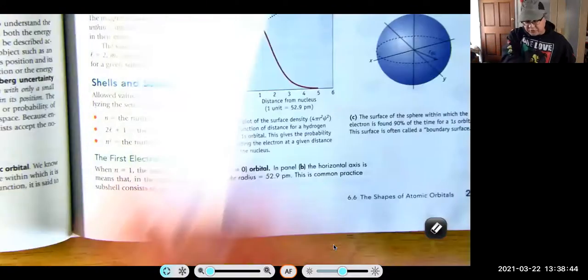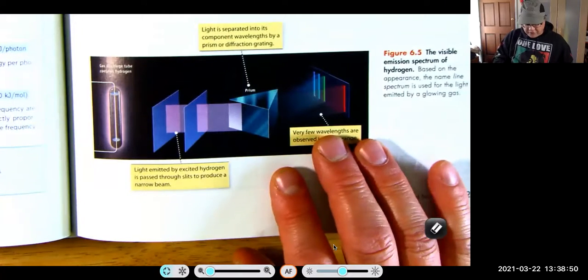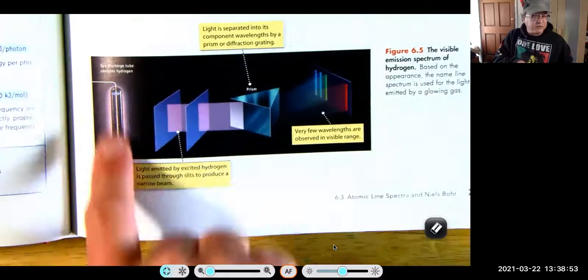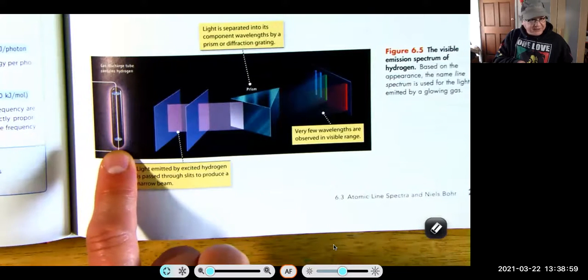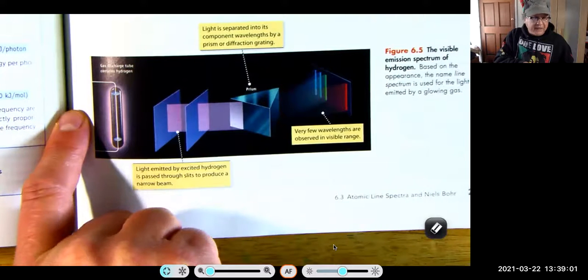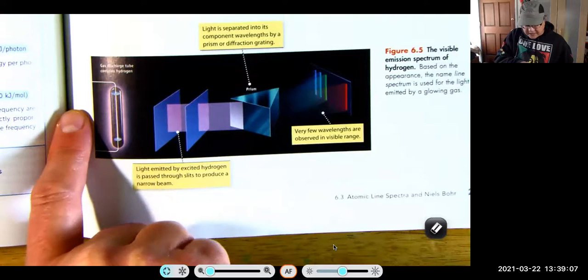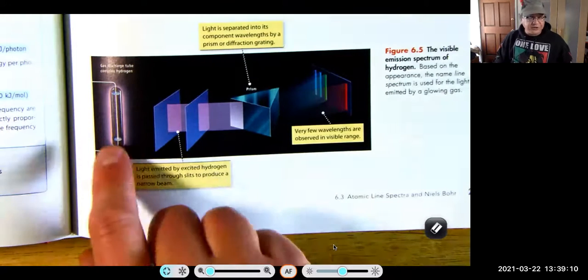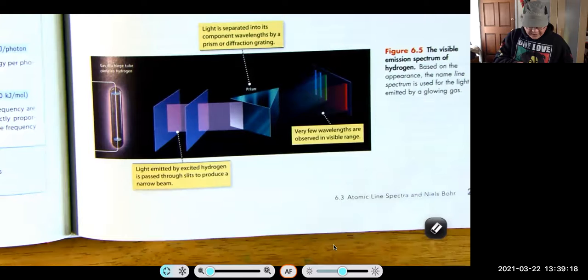Our book does not have an absorption spectrum, so I'm going to use this to describe an absorption spectrum. So imagine, if you will, that this is not hooked up to electricity, but it's just a cylinder of hydrogen gas. And behind here, we put a lamp of visible light with all of the wavelengths of visible light. So when you shine the light through here, through the hydrogen gas, what's going to happen is some of the different wavelengths will absorb energy, or some of the photons will be absorbed by electrons being excited to higher levels.